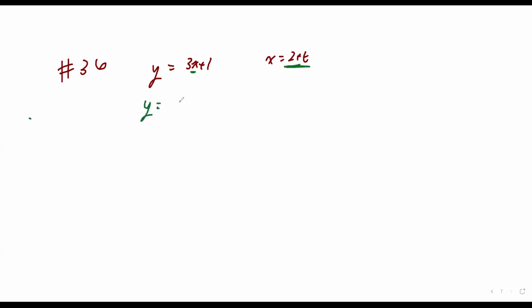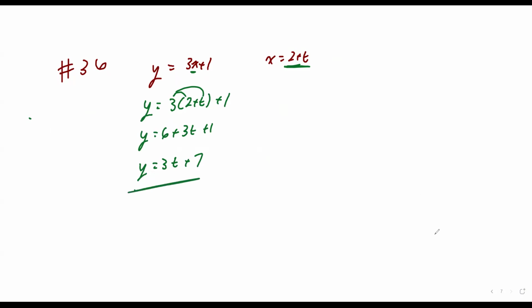So this becomes y equals 3 times (2 plus t) plus 1. If you distribute, you get 6 plus 3t plus 1. So overall, you get 3t plus 7. And that's all you have to do. You're given this, you just have to find the other equation.